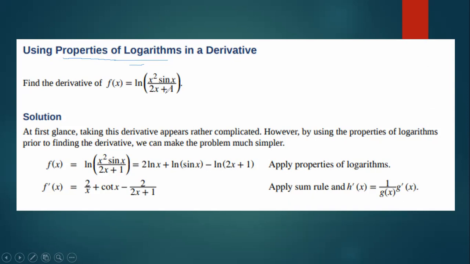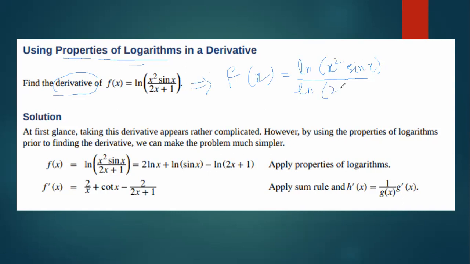First I have to apply the property, then afterwards I have to derive. So f of x will be written as log of x square sine of x divided by log of 2x plus 1.